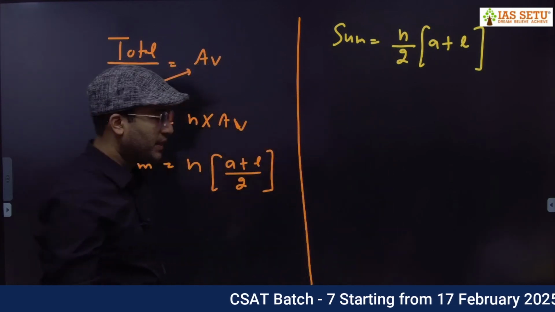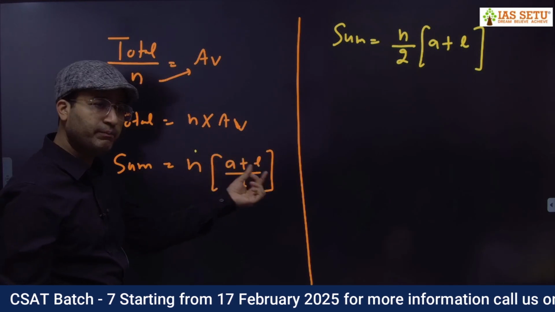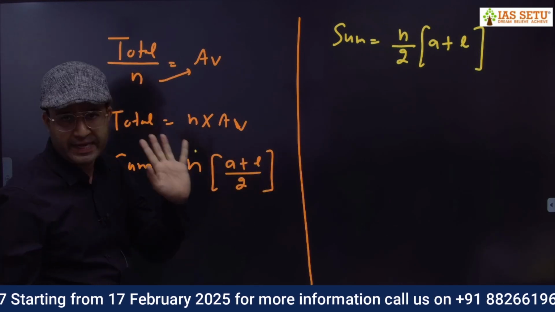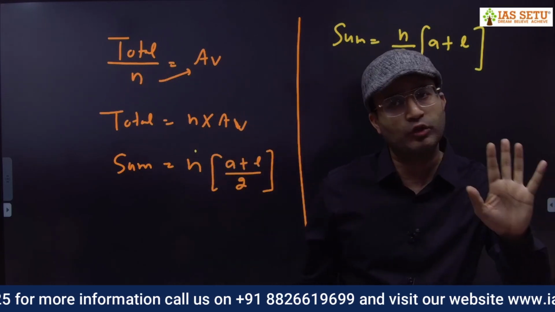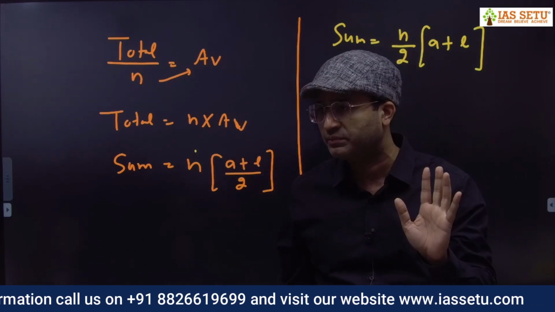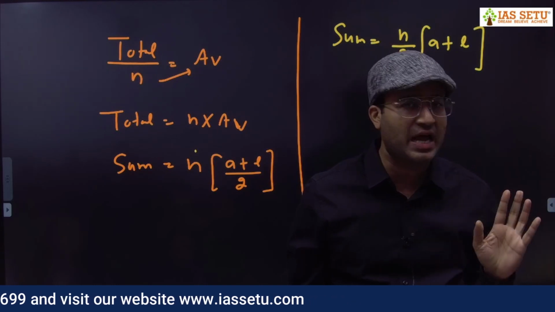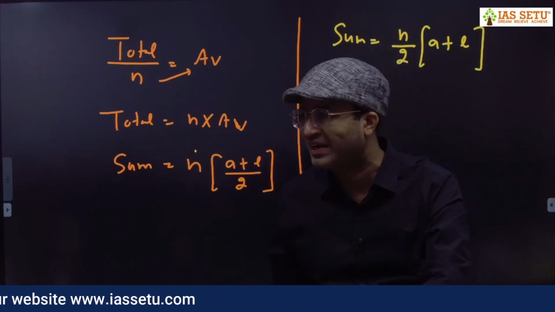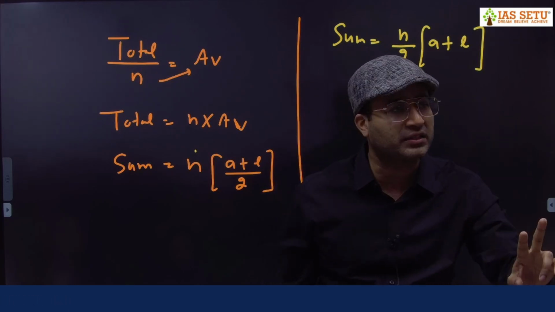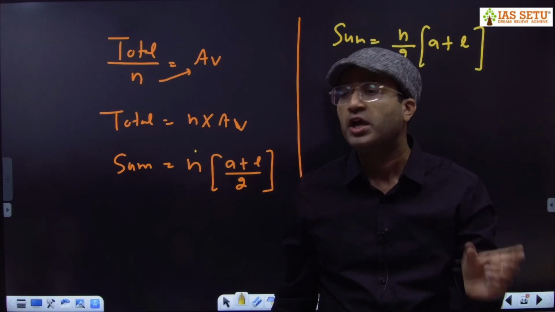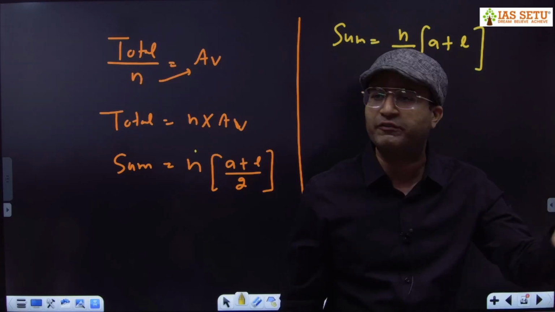Sum is nothing but n into average. Average is nothing but first term plus last term divided by 2 in an AP. What is the last term? If the number of terms is 10, the 10th term itself is the last term. If it is 20, the 20th term is the last term. If 100, the 100th term. So can we say the nth term itself is the last term? If the total number of terms is n, the nth term is the last term.